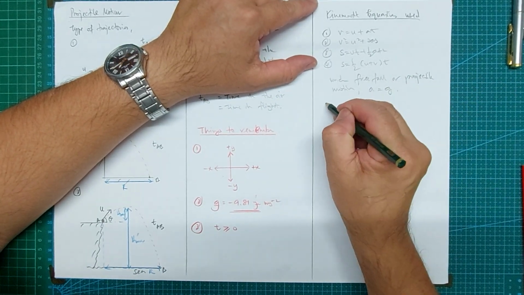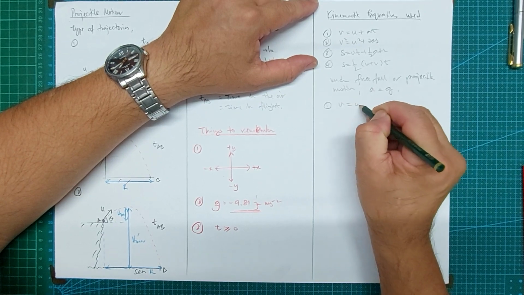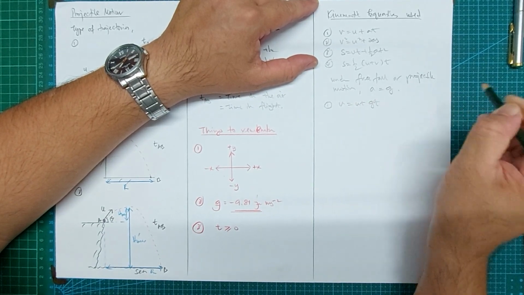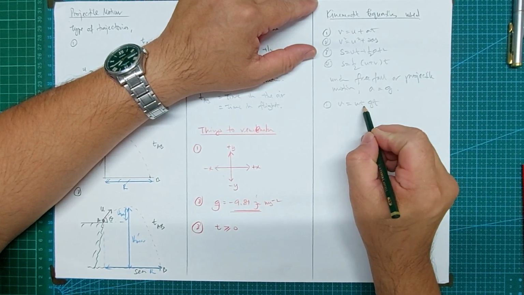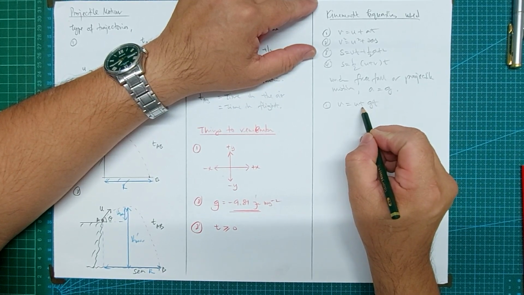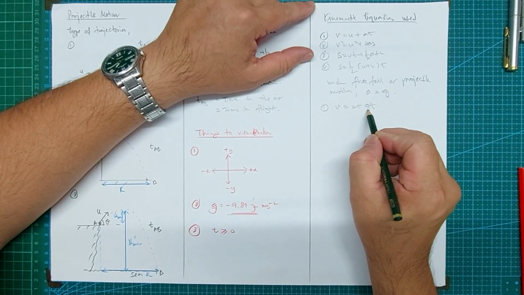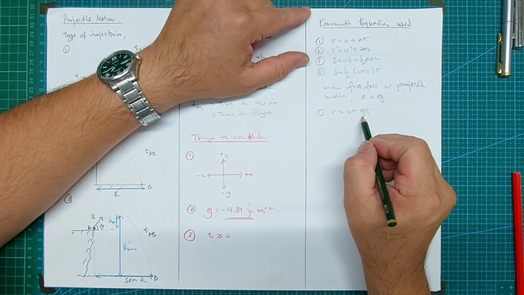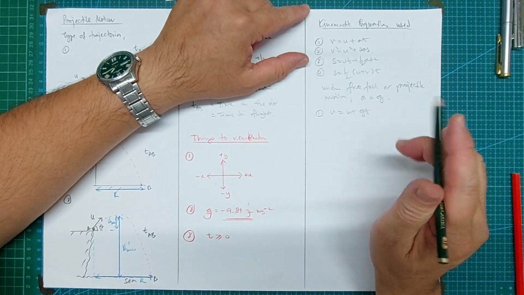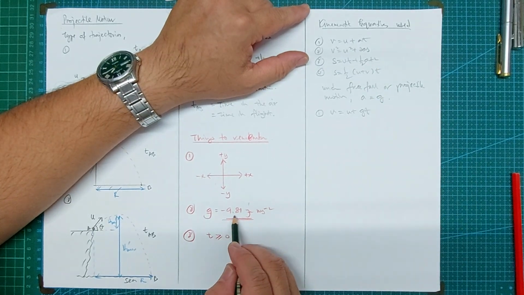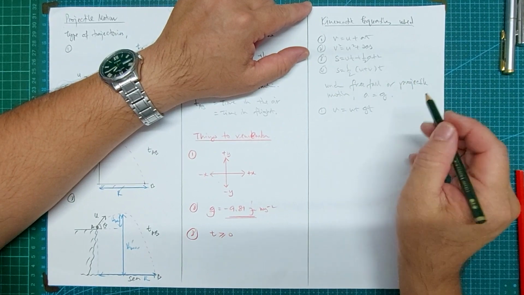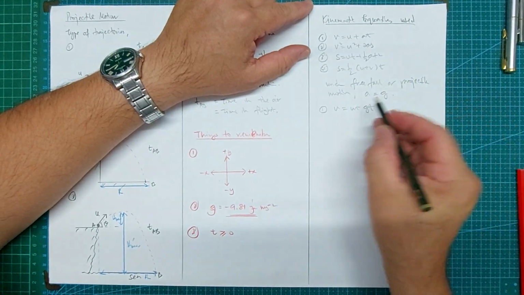So our equation becomes v equal to u plus gt. Some books would make this negative, but in that case your g will be positive 9.81. In this case, we just replace a by g, and our g is negative 9.81. It solves a lot of problems because you don't have to memorize new equations.